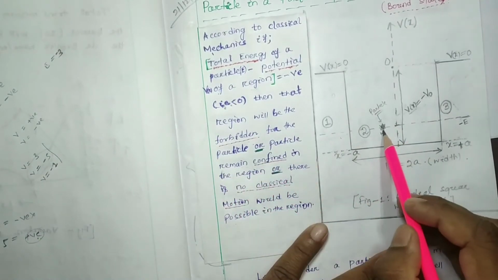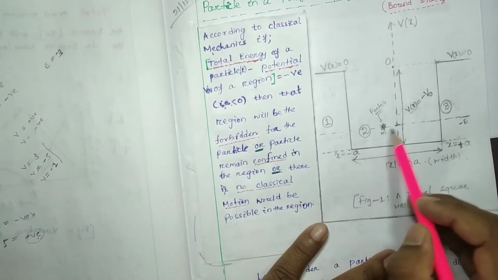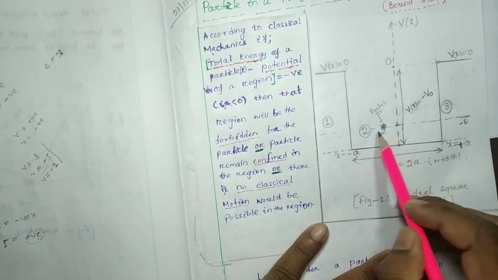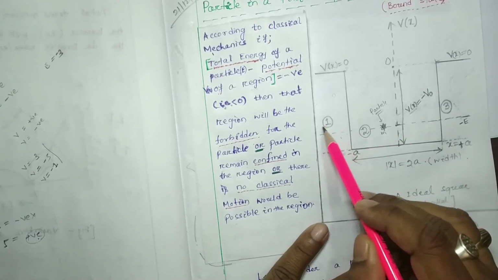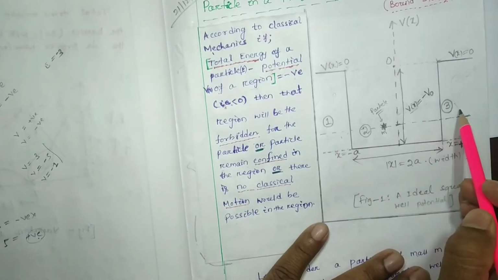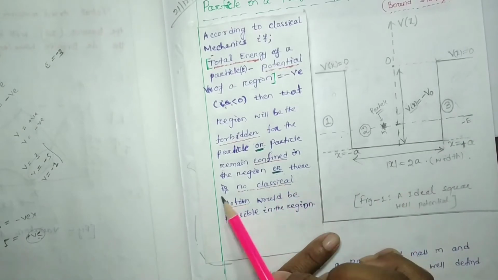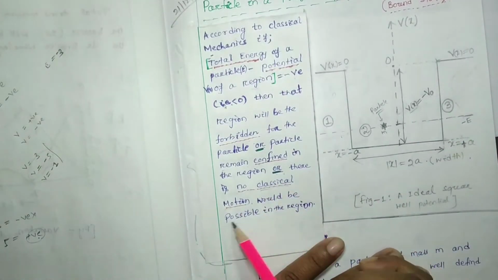If it is there initially, there will be no motion in this region. And if it moves in this region and we get the negative value, it cannot penetrate. That is our classical model. Also we can say there is no classical motion possible in the region.